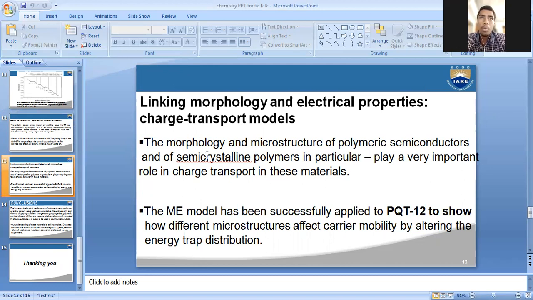It means these are the ways in which they play a great role in transporting charge in polymers. Next, the MTR model has been successfully applied to PQT12 to show how different microstructures affect carrier mobility by altering the energy gap trap distribution. Next, we will move on.